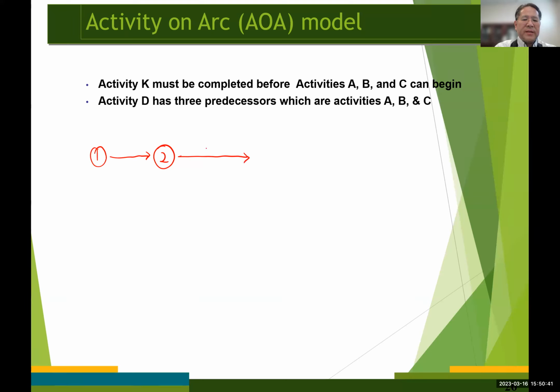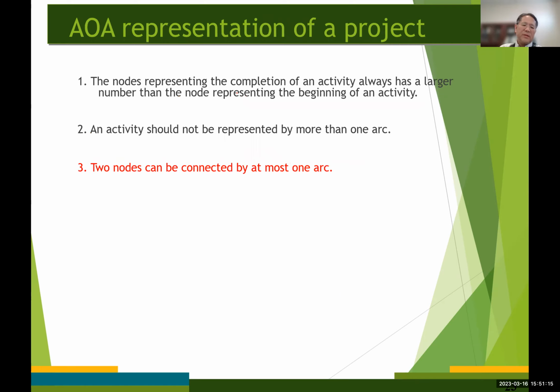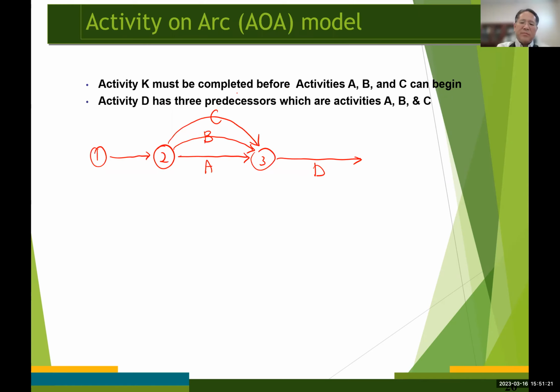If I say this is activity A, this is activity D, this is activity B, and activity C. Then for the same reason, two nodes can be connected by at most one arc, so this is going to be a wrong diagram.